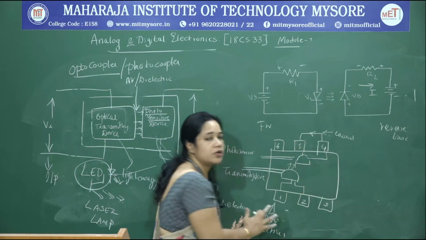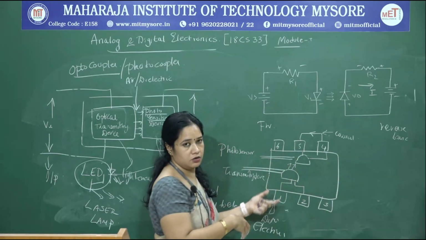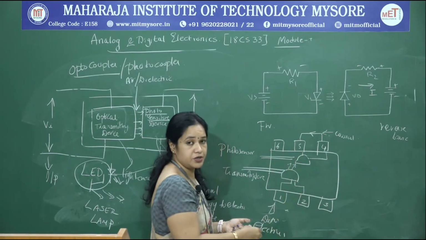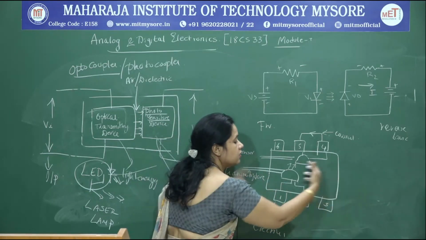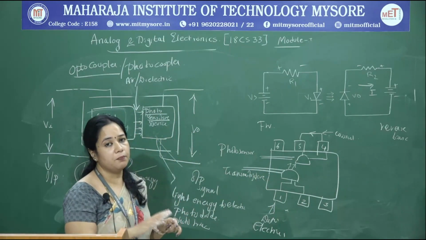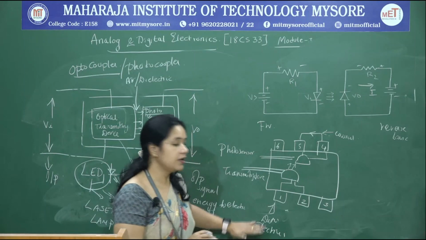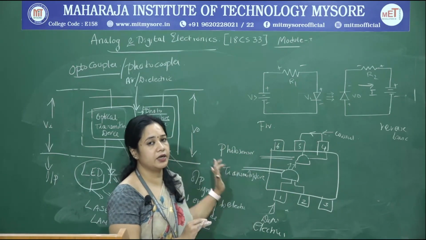Because if it is kept in a noisy environment, we do not want the noise to interfere with the operation. So we convert it into optical signals, so that the interference of external electrical noise is prevented, thereby coupling the electrical signal from one part to the other part, still isolating it.